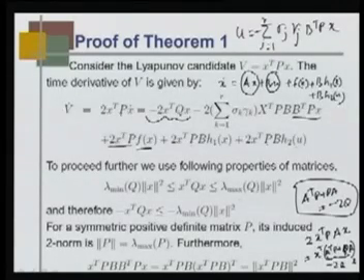Okay. So, for a symmetric positive definite matrix P, its induced 2 norm is lambda max P. So, this is my maximum eigenvalue of P. Furthermore, if I look at this expression, I am very sorry, this is not capital X, this is small x, bold x. x is a vector.